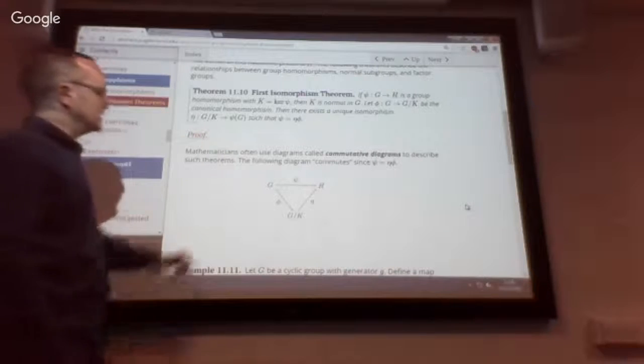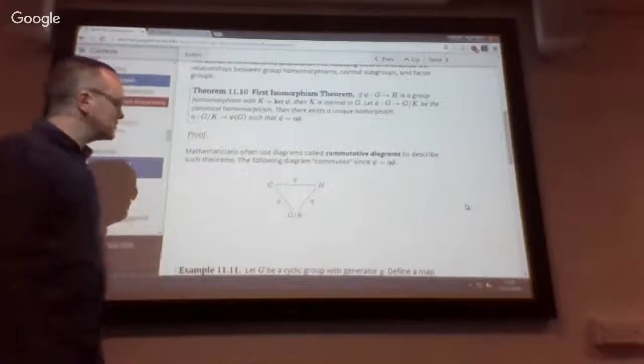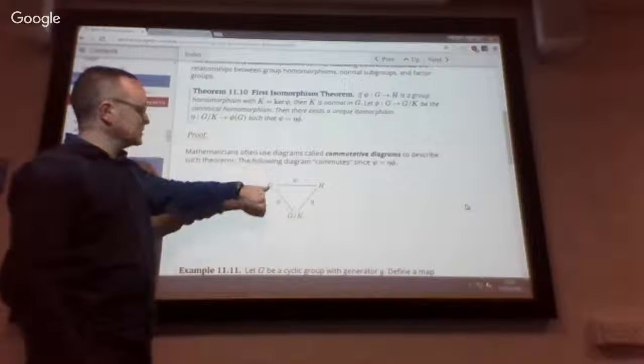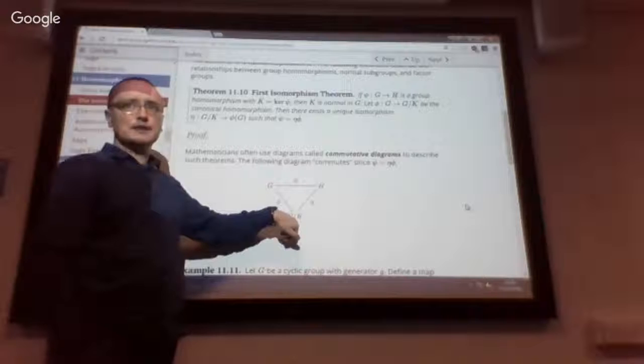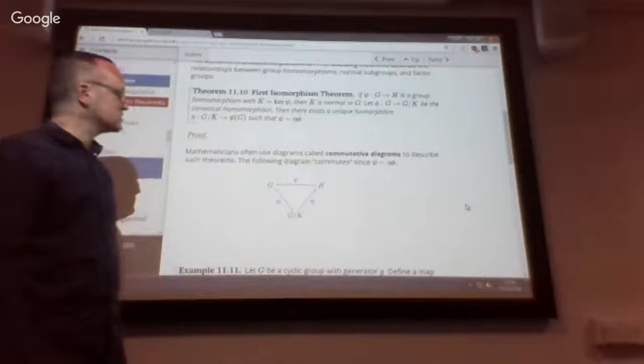And this map phi is a very natural map: you're mapping any element g to the coset corresponding to little g.